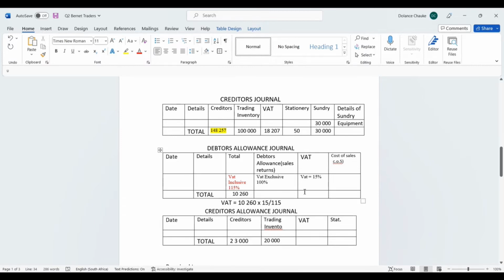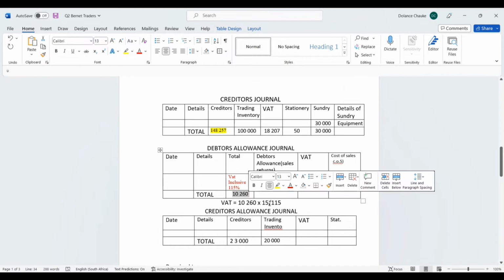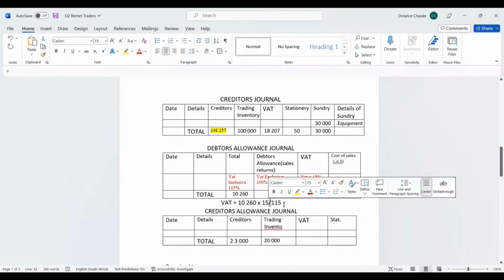I just want you to get it. Where am I getting all of these? The calculation that I'm going to do here: in order for me to get VAT, I'm going to say the VAT inclusive amount multiplied by the VAT percentage divided by the percentage for the VAT inclusive. Then I'll get the VAT.